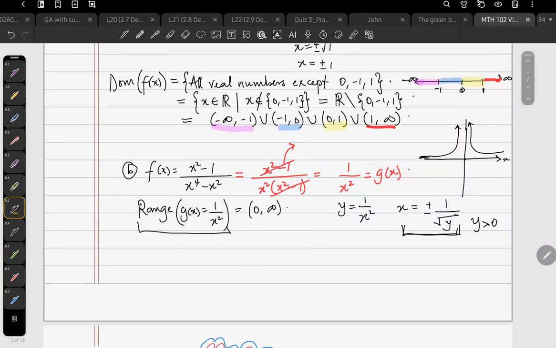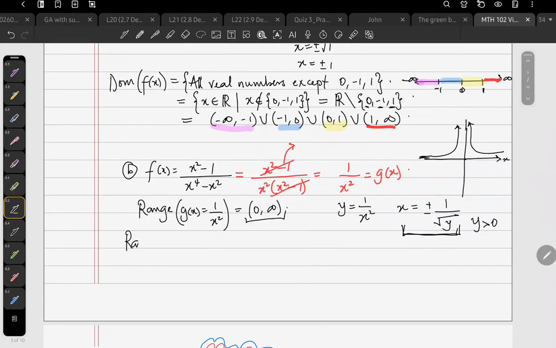It also contains the outputs of 1 and negative 1 that must not be in f of x. We said the domain of f of x is all real numbers except 0, negative 1, and 1. But the domain of g of x is just all real numbers except 0. The g of x recognizes negative 1 and 1 in its domain, so this range is going to include those outcomes for negative 1 and 1.